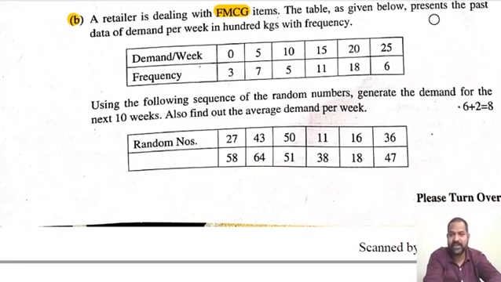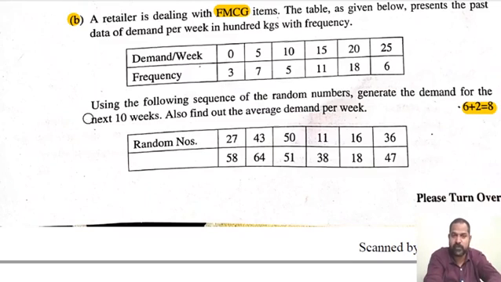The table as given below presents the past data of the demand per week in hundreds of kgs. Again, demand in hundreds of kgs, frequency is given. They're asking you, use the following sequence of random numbers and generate the demand for the next 10 weeks. Find out the average demand. Now here I don't know why the question is only asked for 8 marks, not 10 marks, which is 6 plus 2.